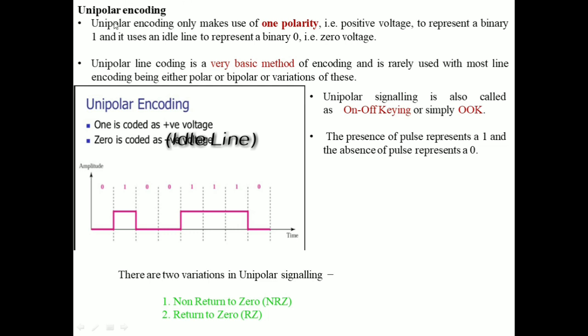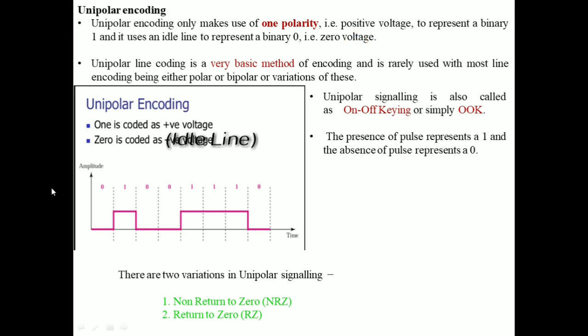The unipolar encoding scheme makes use of only one polarity. It uses positive voltage to represent a binary 1, and it uses an idle line to represent a binary 0, which is 0 voltage.